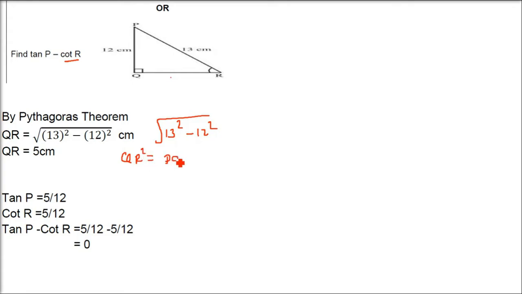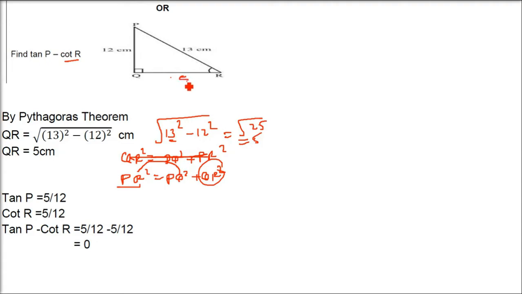Because PR square equals PQ square plus QR square, in order to find out QR square, you have to write PR square minus PQ square. That is 13 square minus 12 square. So the under root of 13 square minus 12 square is under root 25, which is going to be 5.